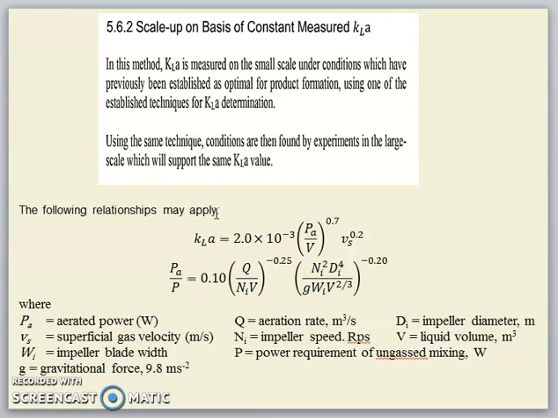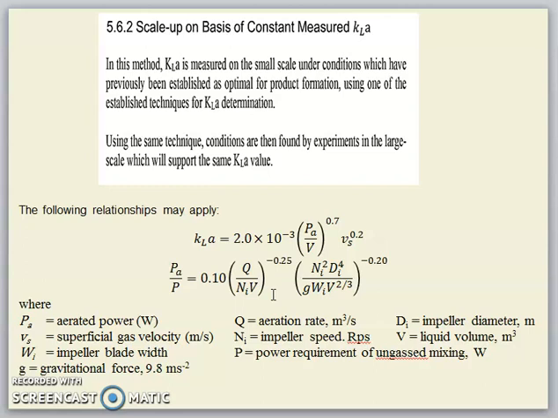First, you need to identify the mass transfer coefficient of the small scale, and then by using that value of KLa, you substitute it in this Van't Riet equation, and then you may be able to calculate the dimension of the impeller required, as well as, by using the volume of the larger reactor.